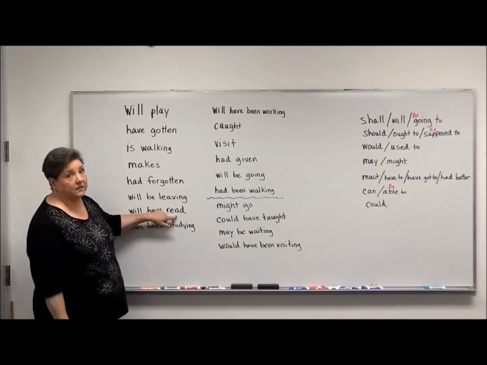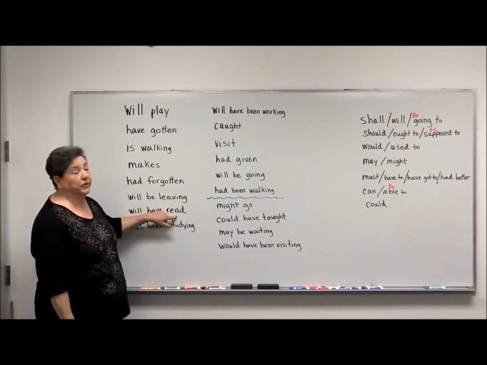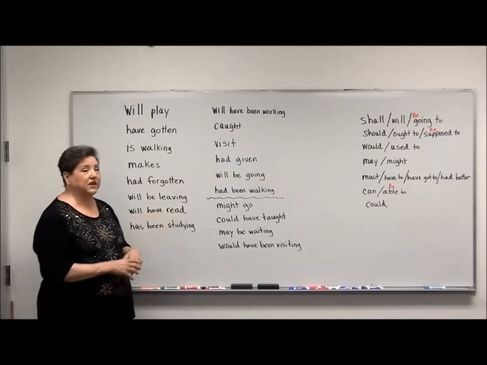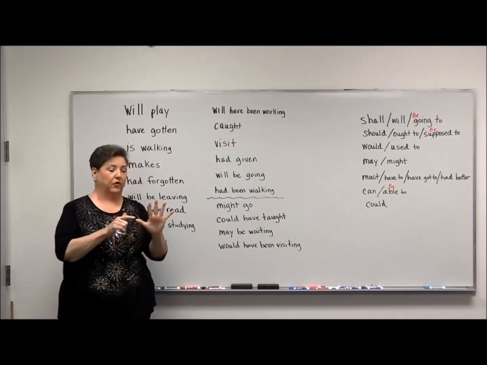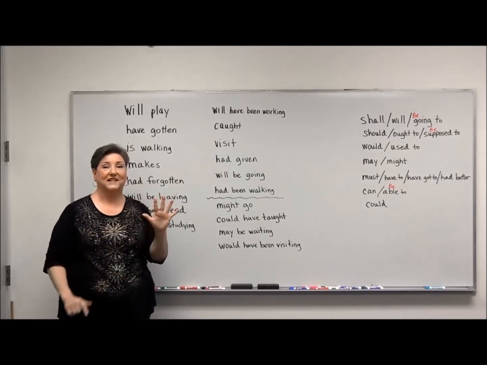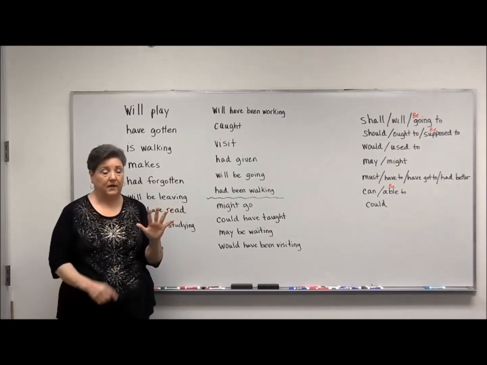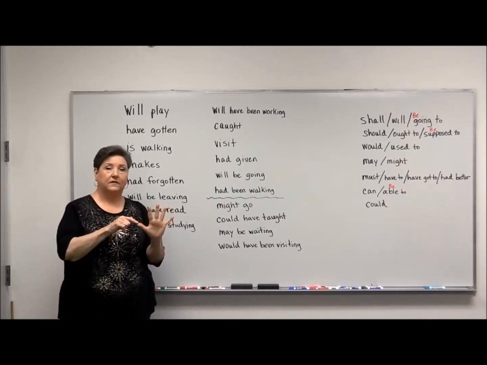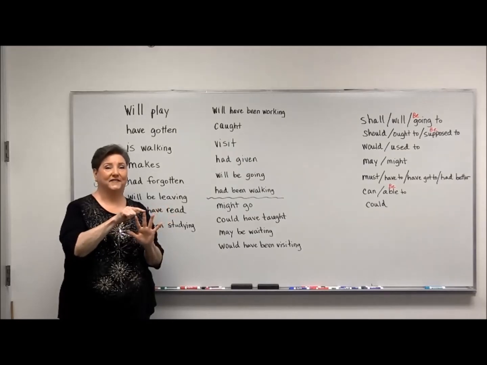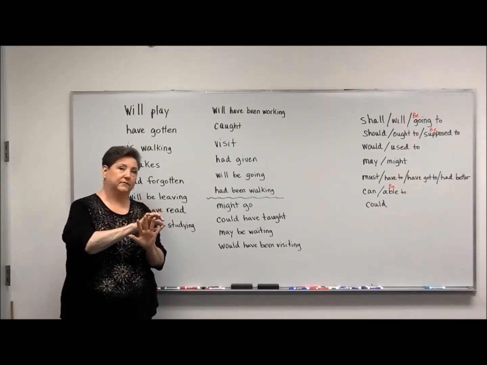Oh, are you stuck here? You see the word read. If you'll check your list, I want to show you something. The verb read, verb 1, verb 2, verb 3, is exactly the same spelling. It looks like read, read, read, but it's not. It's read, read, read, reading, reads.